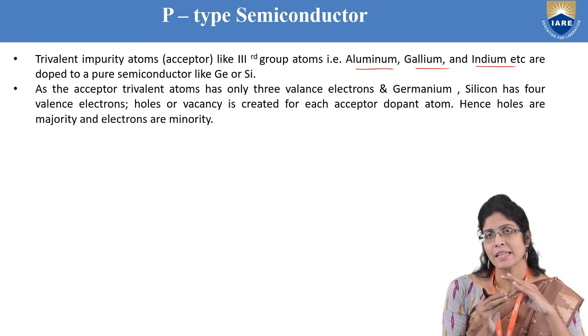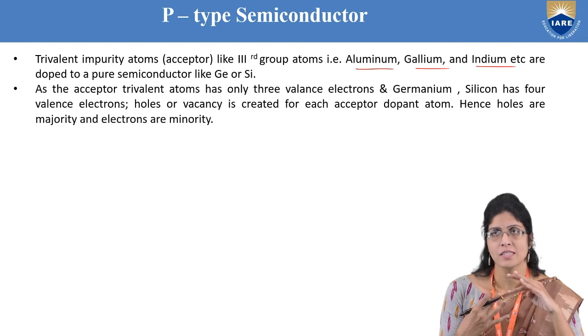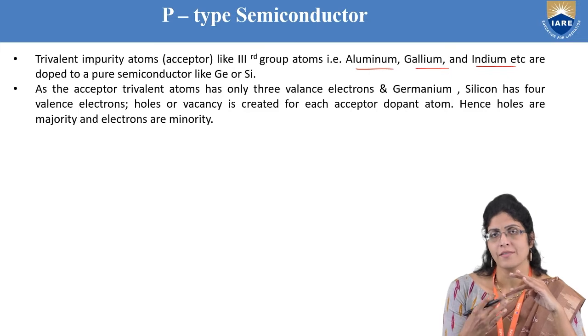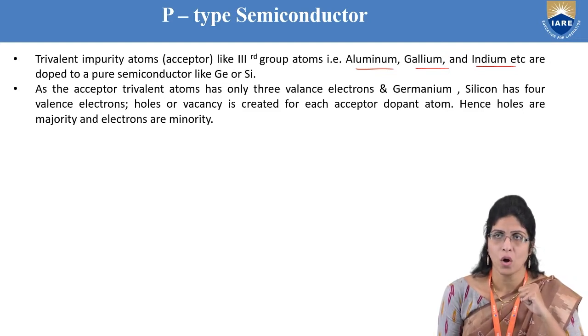This being a vacant site, the dopant can be offered an electron by the mother lattice, which is the silicon or the germanium. When this is offered, the dopant is ready to accept that electron. Hence you call the dopants acceptors.